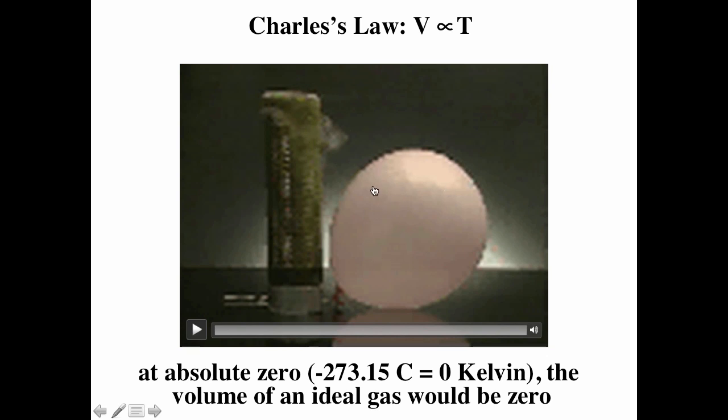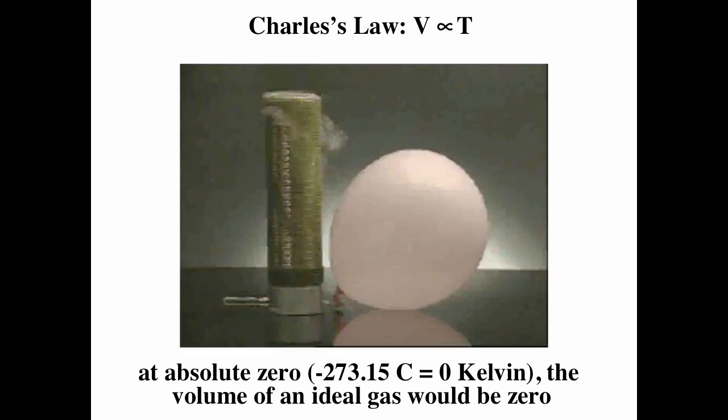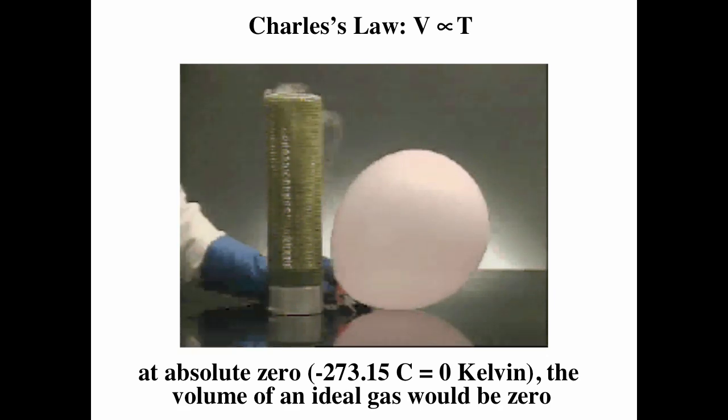And so if we pour liquid nitrogen on our balloon, we can change the temperature of the gas inside without changing the pressure or the number of moles. The Dewar flask or thermos contains liquid nitrogen at a temperature of 77 kelvins. The balloon has been blown up with air.